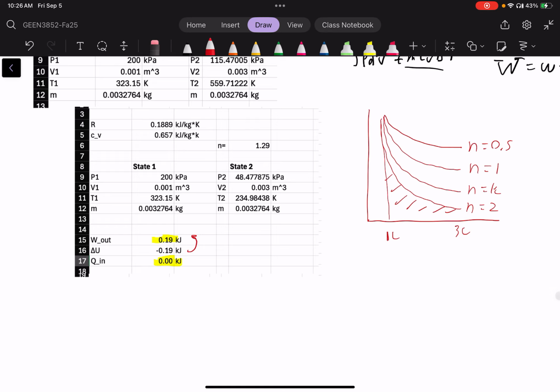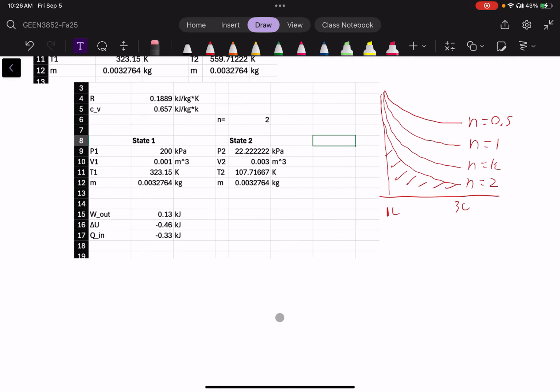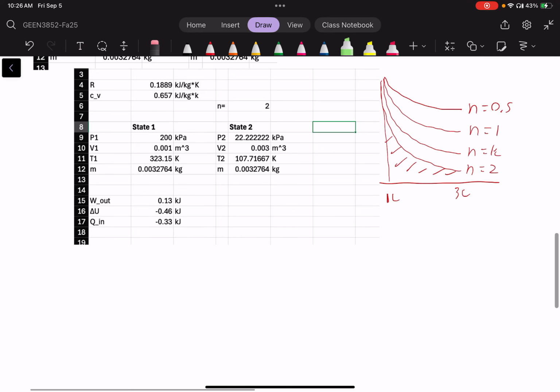This last one is going to be kind of weird because I'm going to continue down to n equals 2. Here, the work decreased again. Now there was negative heat in, which would be heat out. So not only did this expand, but it also cooled off in the process, and there was a big drop in the internal energy.